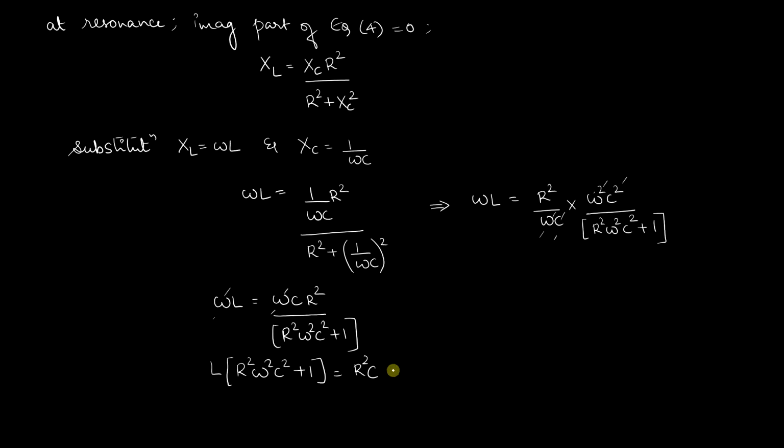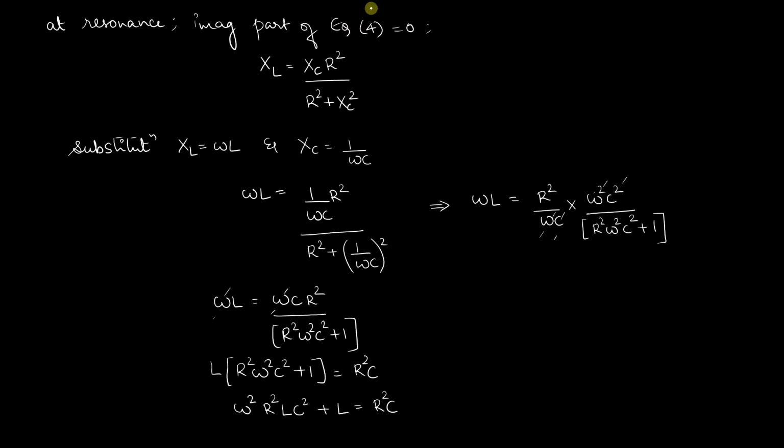Now let me further simplify this by considering this particular term. Okay, so you have omega square R square L C square plus L is equal to R square C. Because we want a term in terms of omega, bring this L to the right hand side.